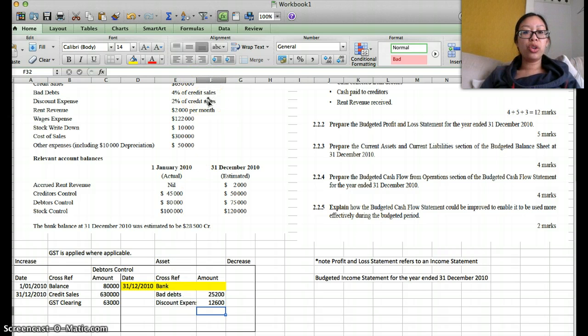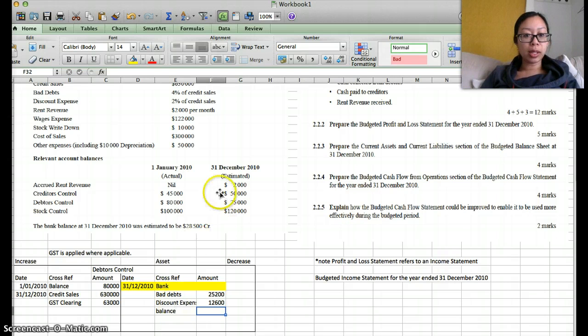Usually in the question, if you're wondering about GST, it should tell you it's 4% of credit sales plus GST, but in this case it doesn't, so we're just going to leave it as is. And none of these affect debtors control, and we're given the closing balance. So we're going to put the balance.